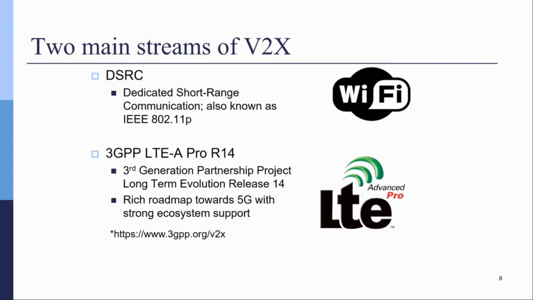It is for sure that in the coming 5G era, 3GPP will still support V2X. So, future cellular system will provide strong ecosystem support for V2X. If any one of you are interested in the detail of V2X, you can study DSRC or 3GPP spec. Here I will not go into the detail of both protocols because of the limited time.